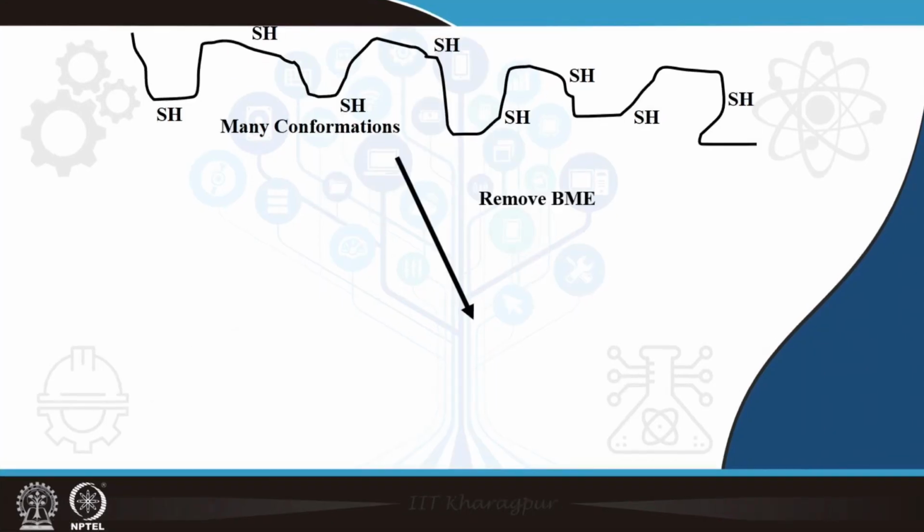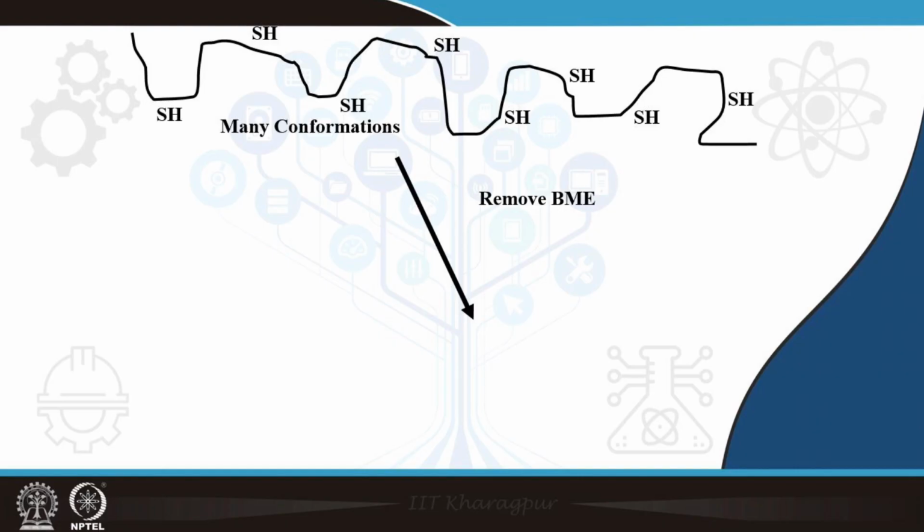But now what actually happens is, we remove the beta-mercaptoethanol. In the removal of BME, what we are ensuring is that these SH linkages, or rather the SS linkages, can now reform. Okay?